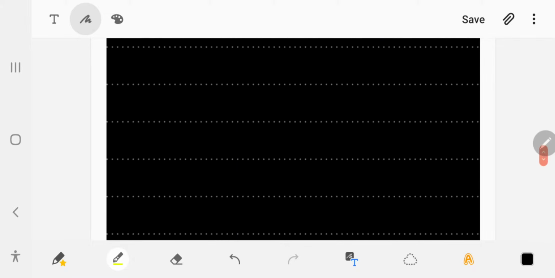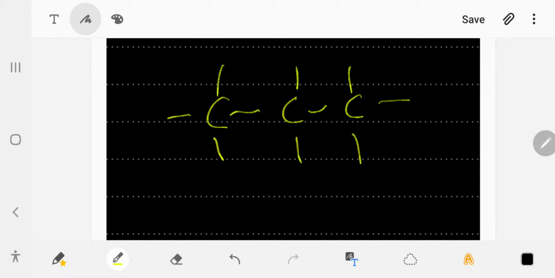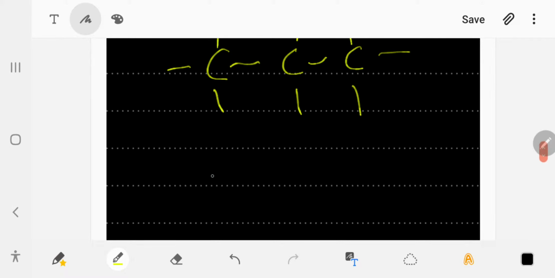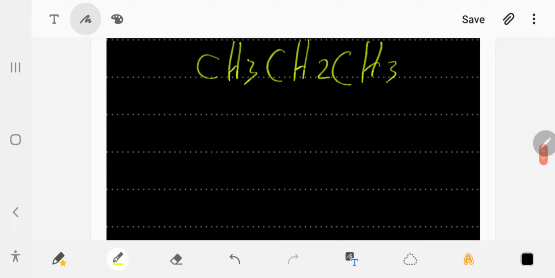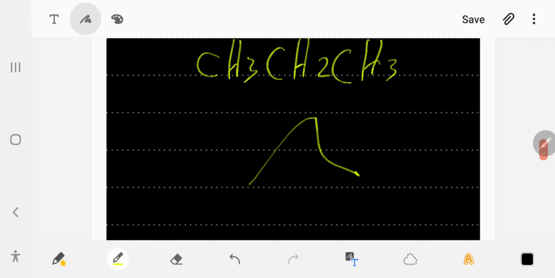And the structural formula is 1, 2, 3, or the condensed CH3, CH2, CH3, or we can just draw it this way: 1, 2, 3 carbon atoms. And that's it.